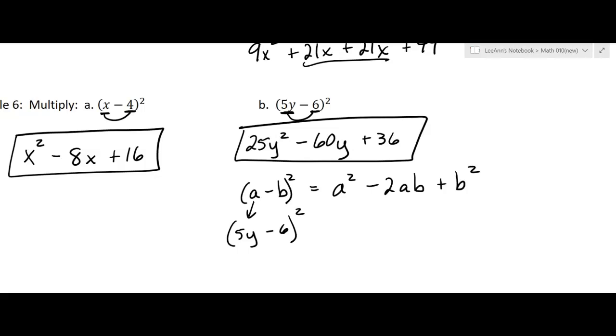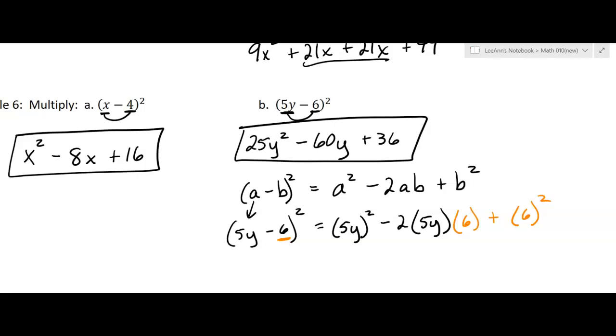So my a is 5y. That means every place there's an a, I'm going to put 5y. So it's 5y squared minus 2 times 5y. Every place there's a b, I'm going to put a 6. So it's 6 for the b, and then 6 squared.